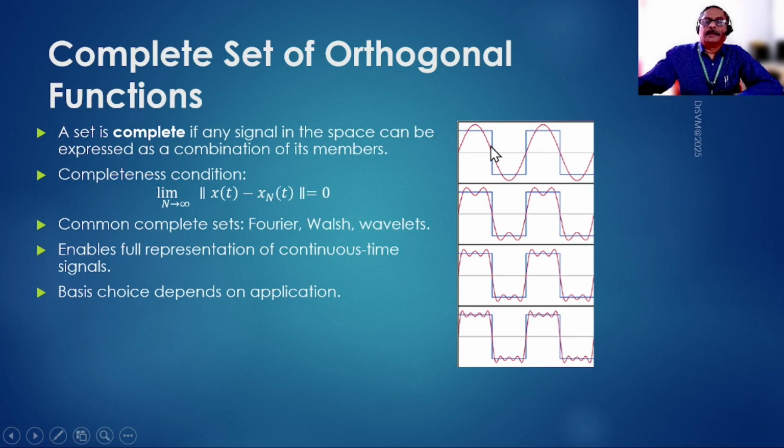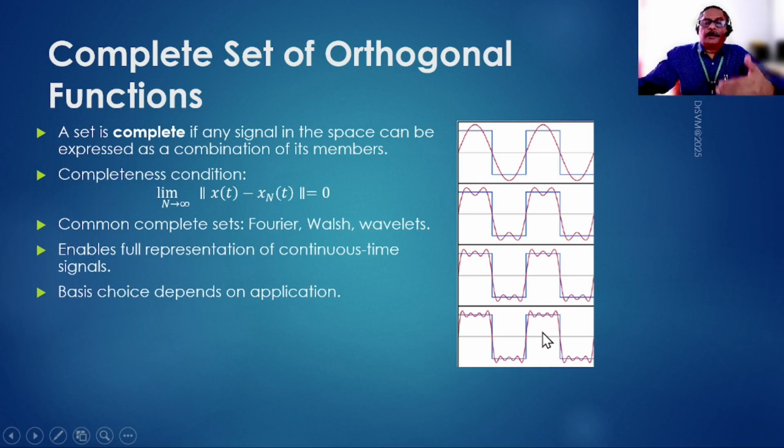But when that sine wave is added with a third harmonic, a little similarity is visible. If the fifth harmonic is also added, it becomes closer to the square wave. When the seventh harmonic is added, it is still closer.